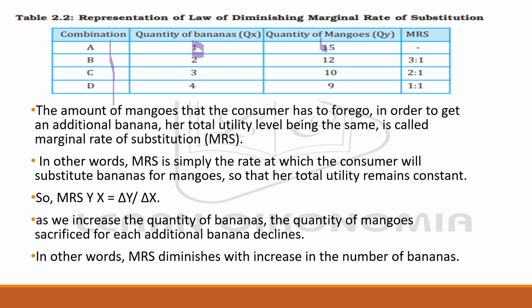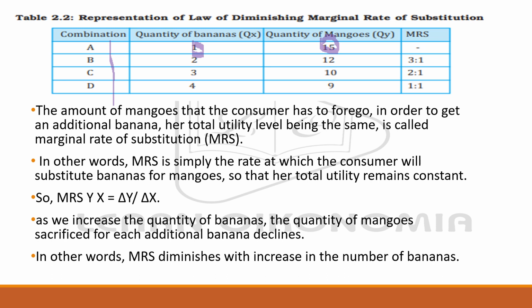In combination A, you have 1 banana and 15 mangoes. In combination B, you are purchasing 2 bananas and taking 12 mangoes. For combination C, you have 3 bananas and 10 mangoes. For combination D, you have 4 bananas and 9 mangoes.